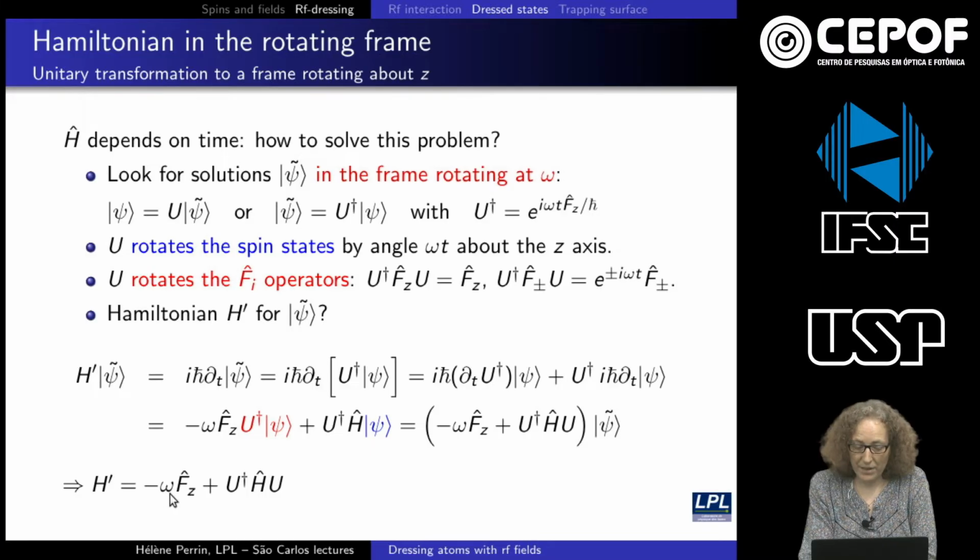So my new Hamiltonian is the Hamiltonian H transformed by U, so rotated around the z-axis at frequency omega t, minus omega Fz, which is a correction. So we have to compute this new Hamiltonian.